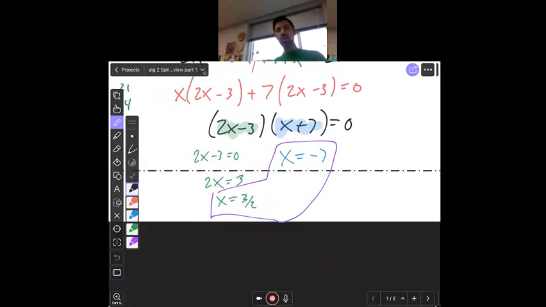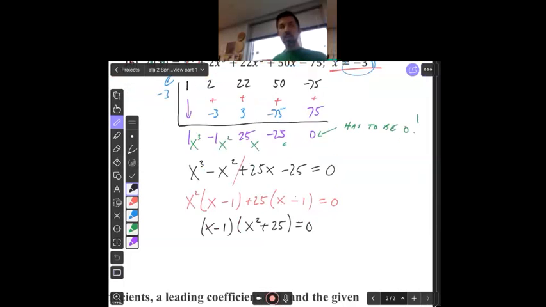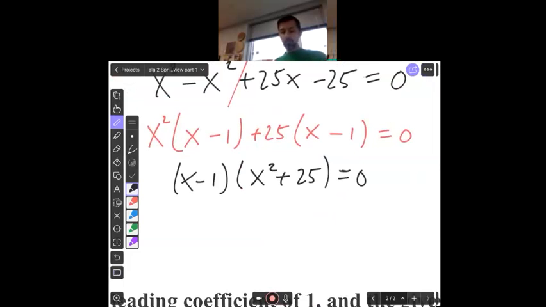All right, we say what value of x makes this 0. Sometimes we can just see it, and sometimes we've got to do a little bit of work. Okay? So what value of x is going to give us 0? X would be 1. That would give us 0.